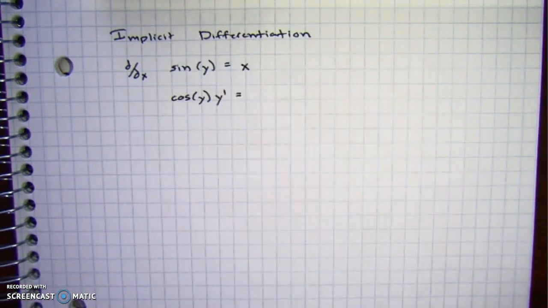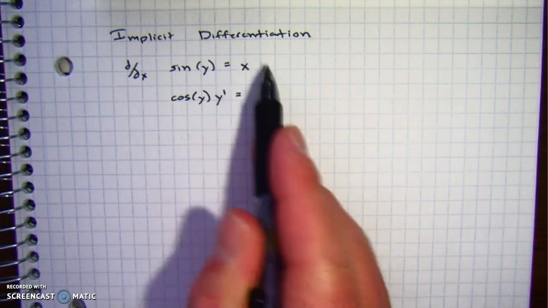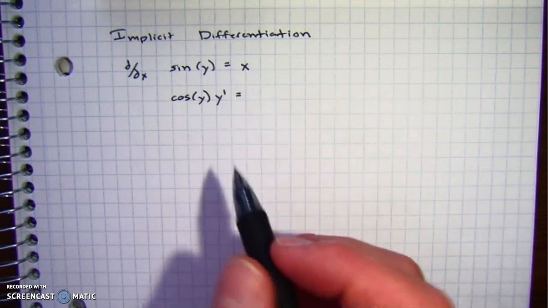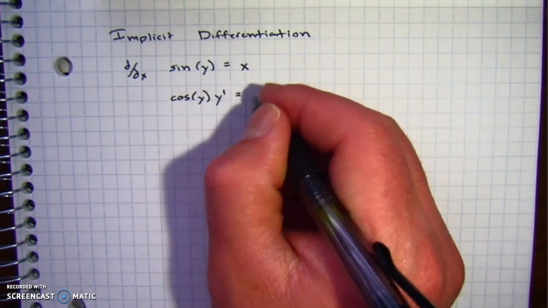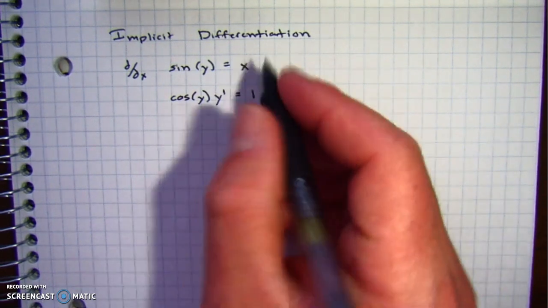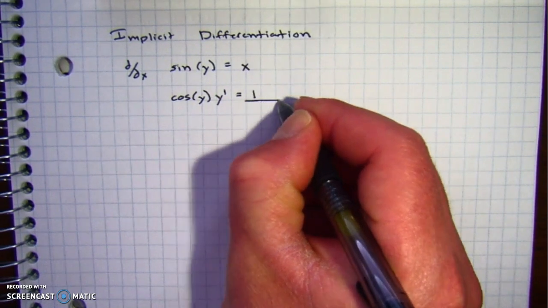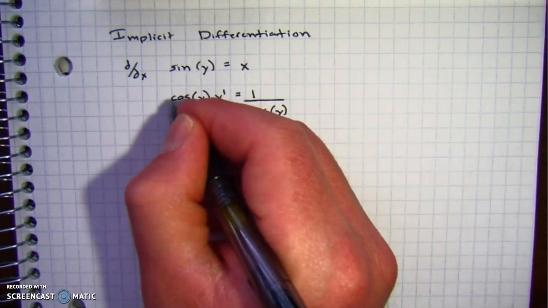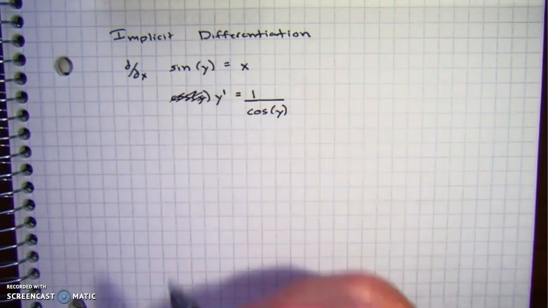Moving over here, x, there's no y here. It's just an x. So I just take the derivative of x like I would anything else. So the derivative of x just equals 1. And once I get to this point in implicit differentiation, it's just solving for y, or really y prime. So if I divide each side by cosine of y, then I can get rid of that.